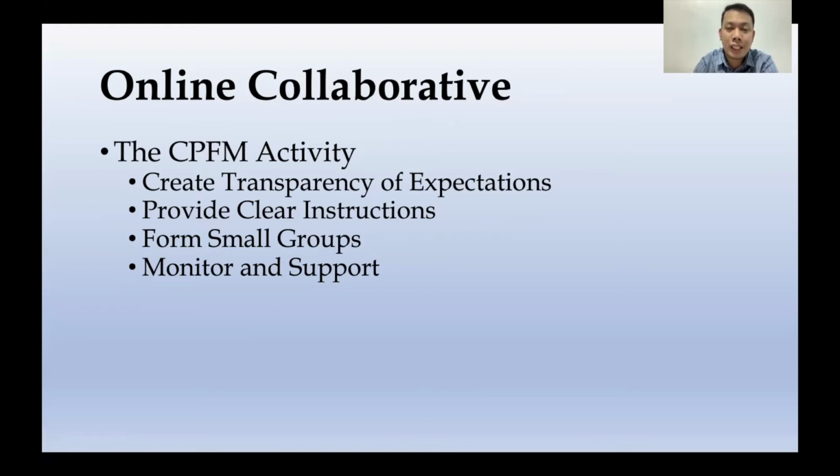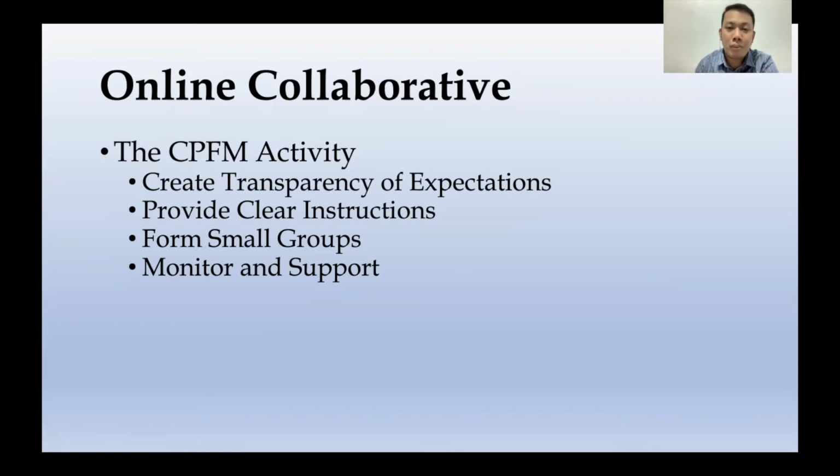So let's say, for example, aside from the goal, aside from the objectives of the online collaborative activity, what else should you provide? You may provide, for example, the online platform. Are they going to use Google Meet, Facebook Messenger, via Zoom application, or whatever they can use?